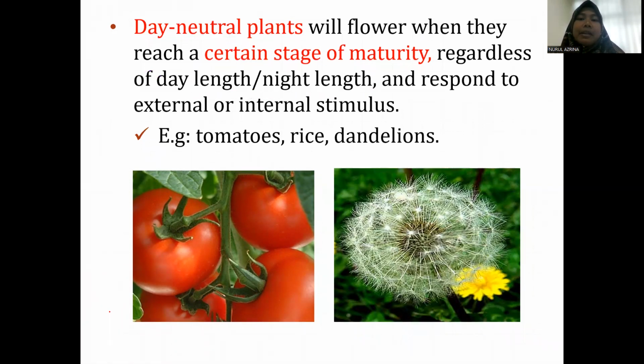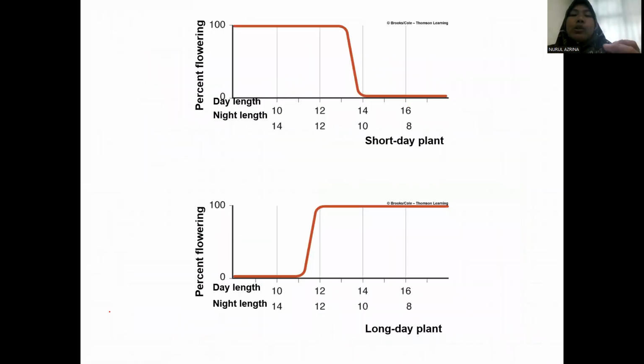Okay, all right. To understand this, you have here a graph showing the percentage of flowering compared with the day length and the night length. For short day plants, remember short day is long night. So a long night plant or short day plant will only flower if the continuous dark period is longer than the critical period.